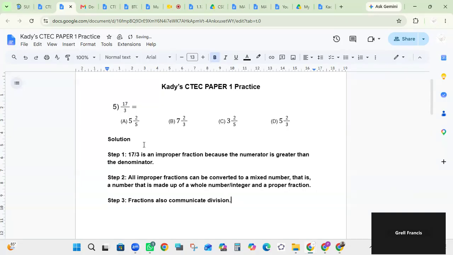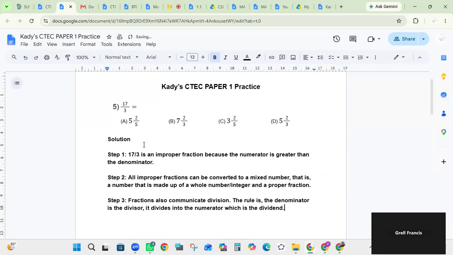The rule is that the denominator is the divisor. It divides into the numerator, which is the dividend. All right.